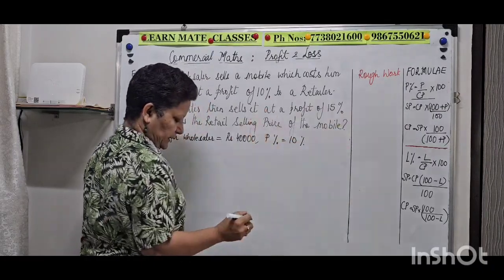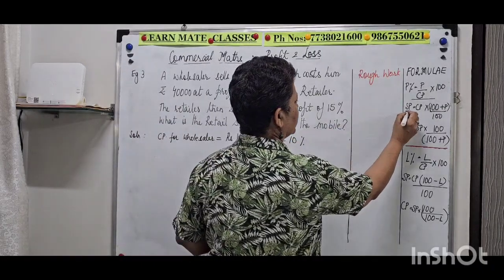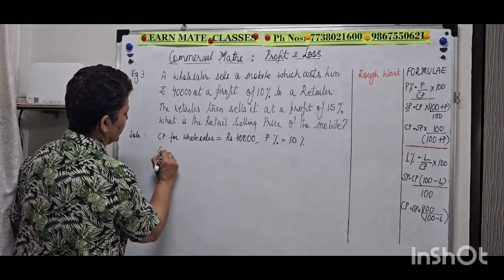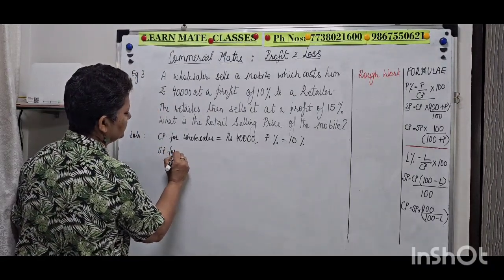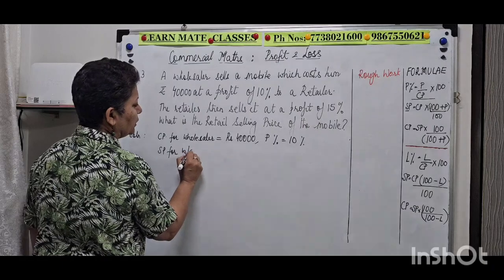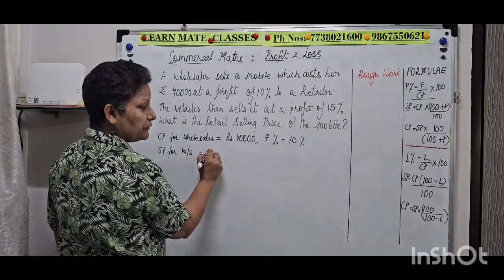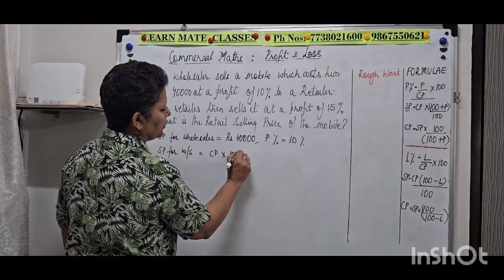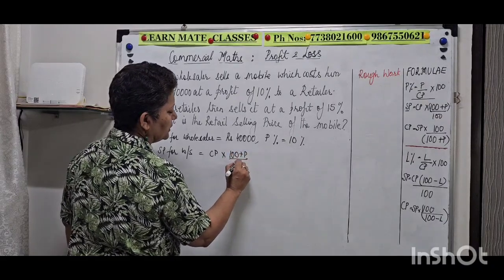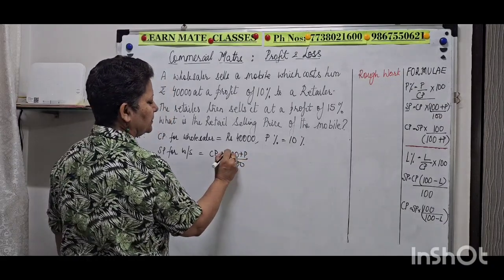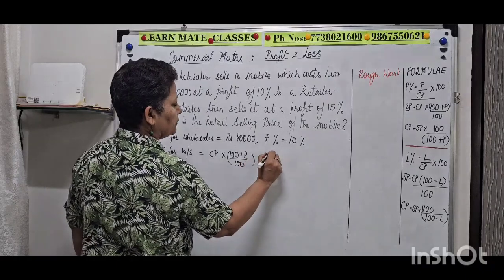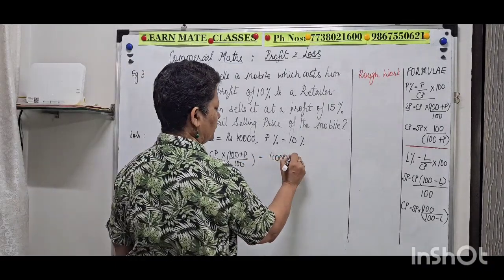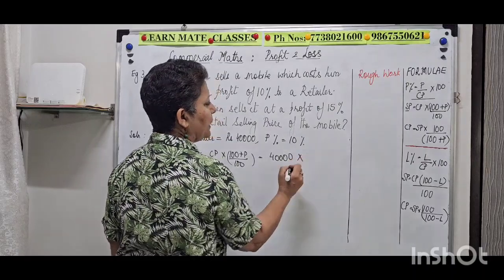So using this SP formula, what can I do? I can try and find out the selling price for the wholesaler. SP for wholesaler would then be, what's the formula? It is CP into 100 plus profit upon 100. So this here becomes 40,000 into 100 plus profit.